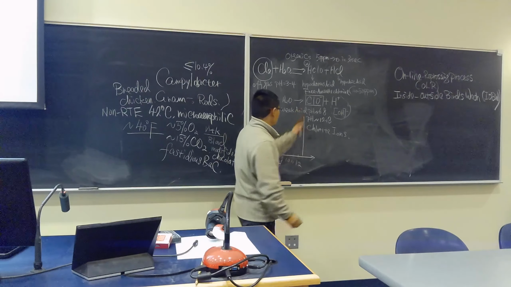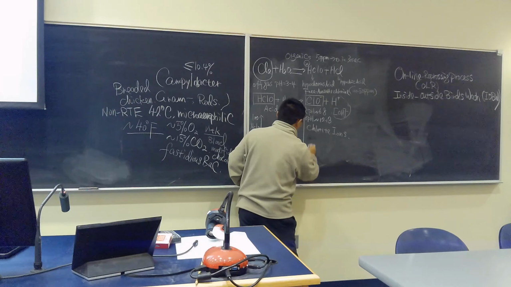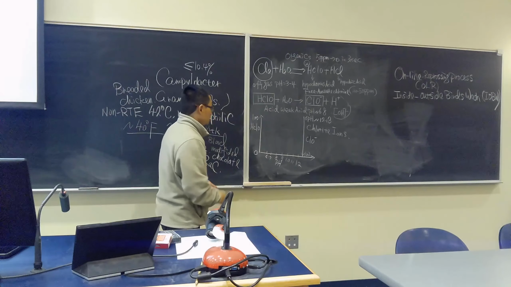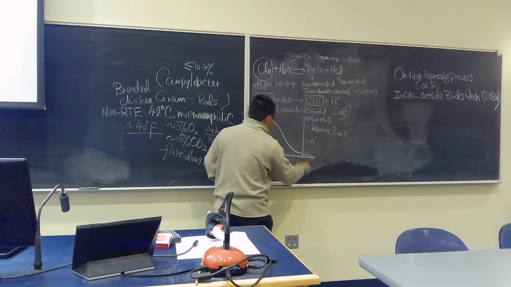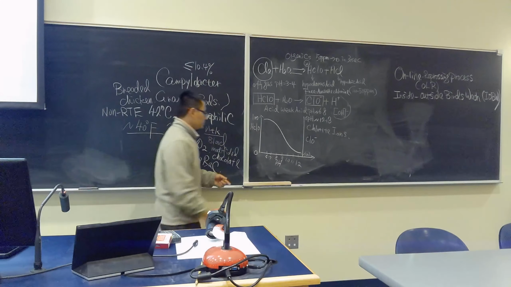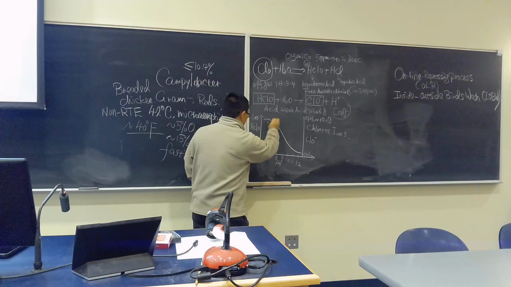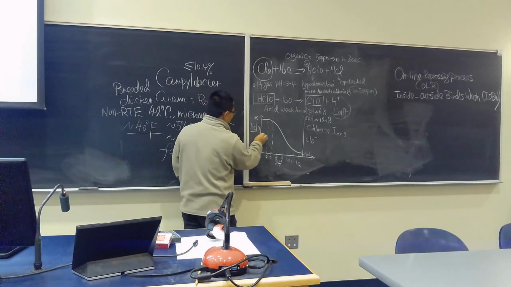And what about here? This goes this way, 0 to 100. This is hypochlorite ions. The curve looks like this guy. At pH 6 or 7, the majority of these are hypochlorous acid.